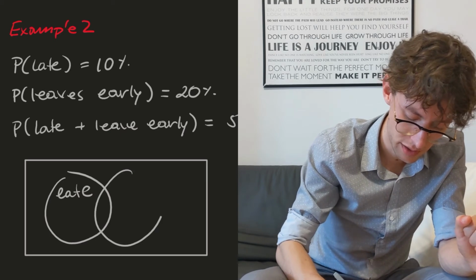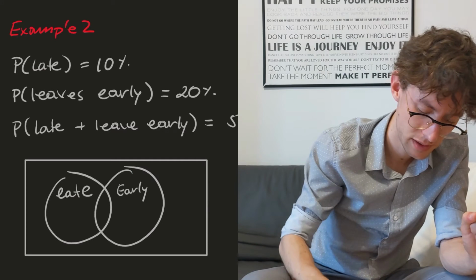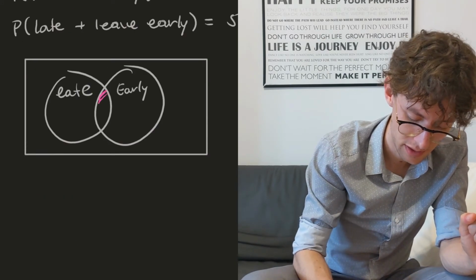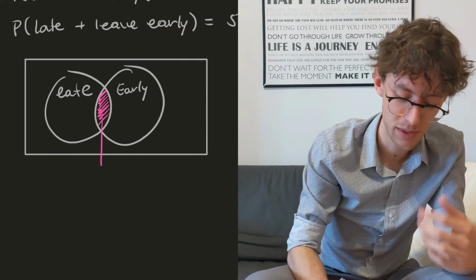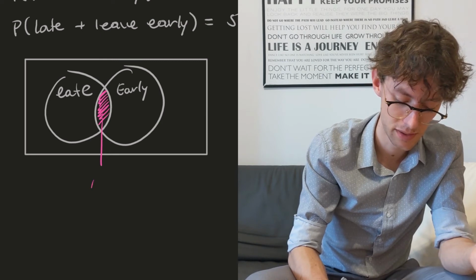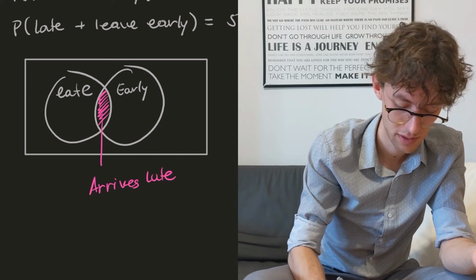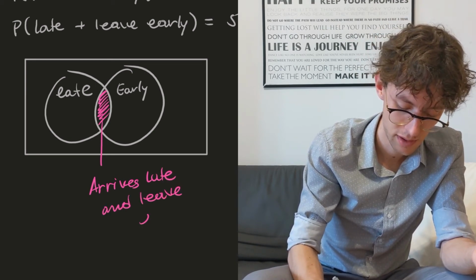And then I have the other event where he leaves early. And in between them, we have this intersection, which is him arriving late and leaving early.